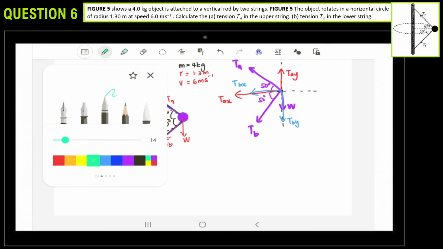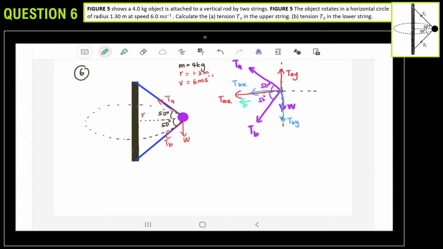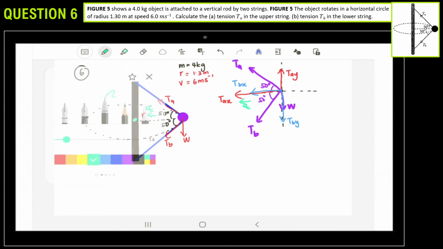The direction of the centripetal acceleration, AC, is towards the center of the circle.